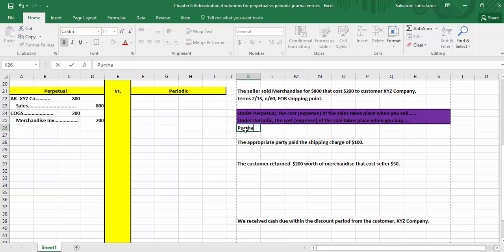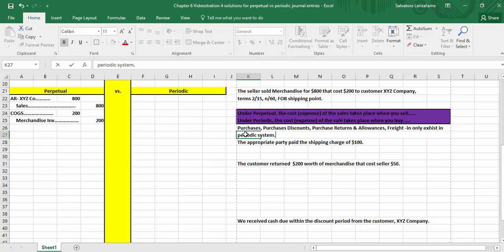purchases, discounts, purchase returns and allowances, and freight in only exist in the periodic system.